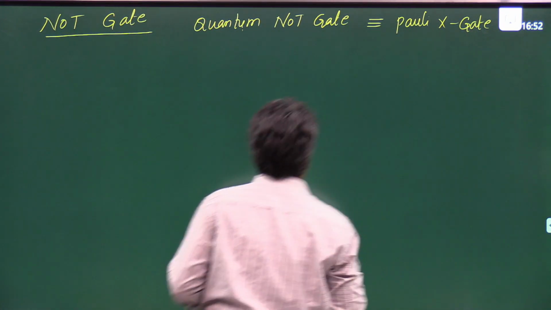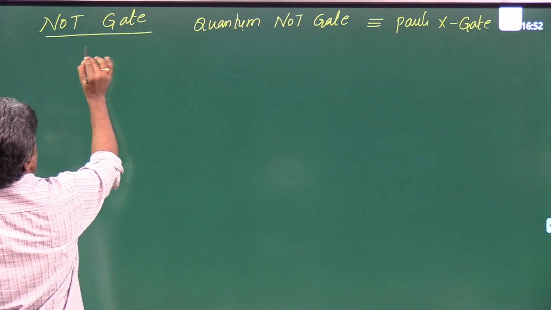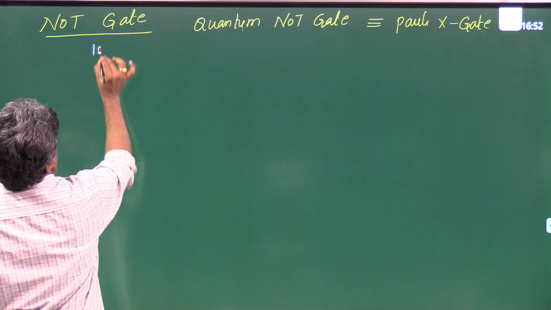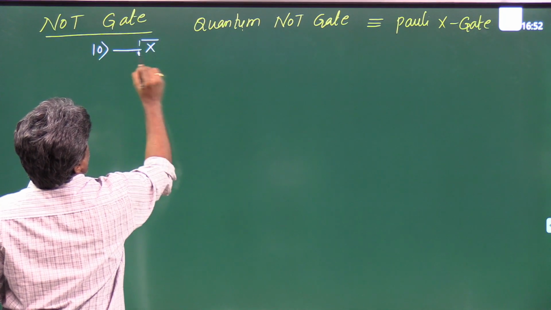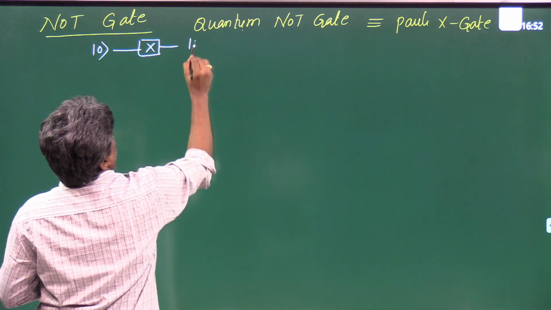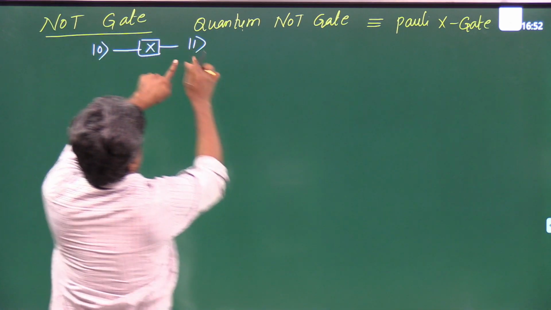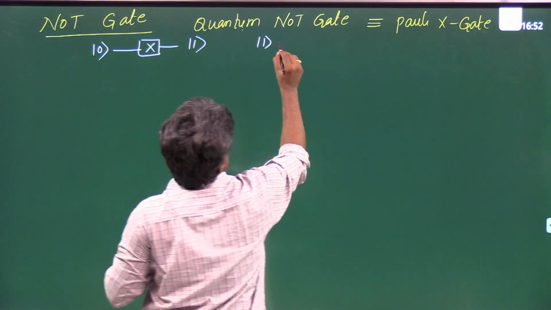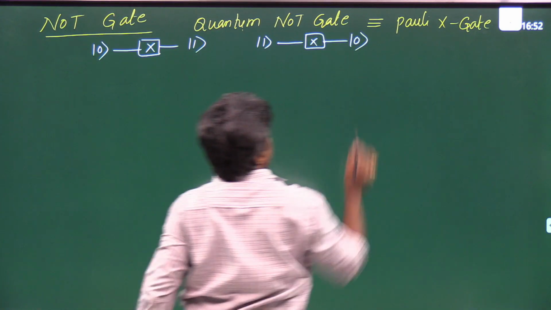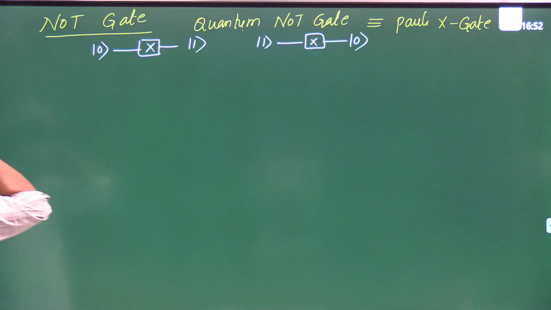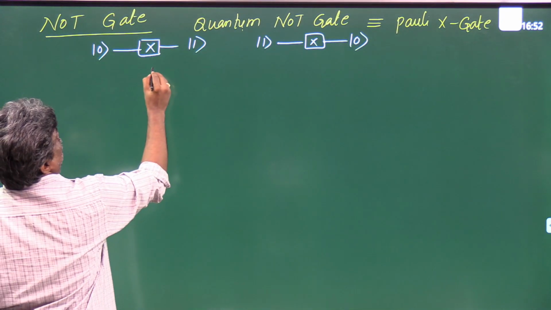Pauli X gate. Earlier we discussed that if it is a 0 initial state, this Pauli X gate flips it to 1. That means 0 is changed to 1, as well as 1 is changed to 0. Listen carefully, very important. So on the Bloch sphere, what is happening here?